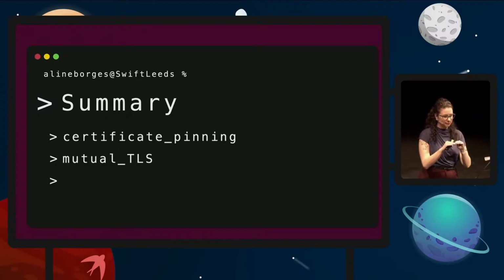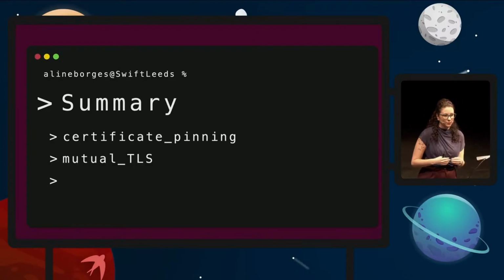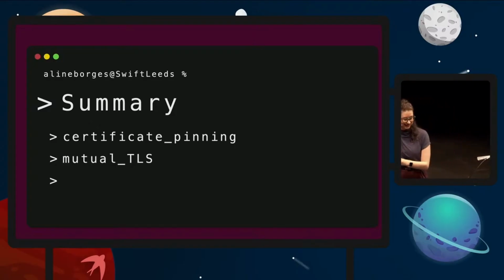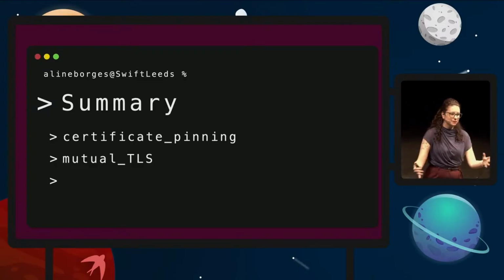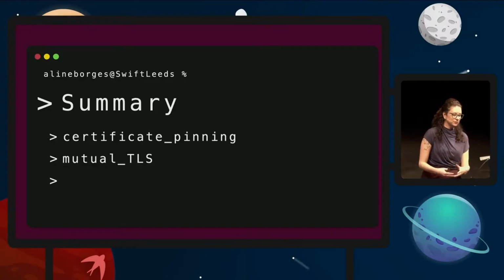Everything is on the same level, so you need both sides validating each other. But in this case, with the camera, it makes a lot of sense, because I'm not just trying to protect the app, I'm also trying to protect the camera. So nobody trusts each other. Everybody must validate each other in order for the connection to work.